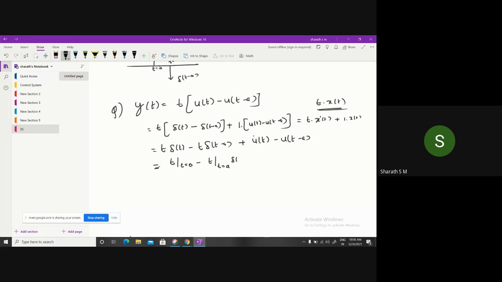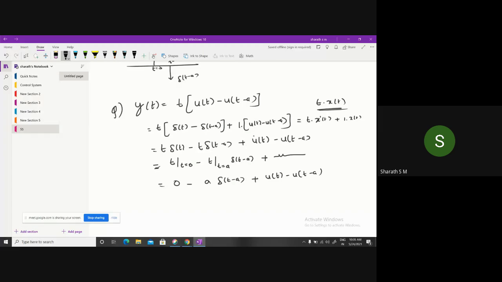And then retain the remaining signal the same as it is. So here t is equal to 0 means 0, minus t is equal to a means a into delta of t minus a, plus u of t minus u of t minus a.